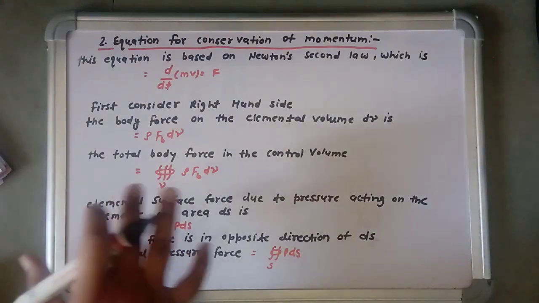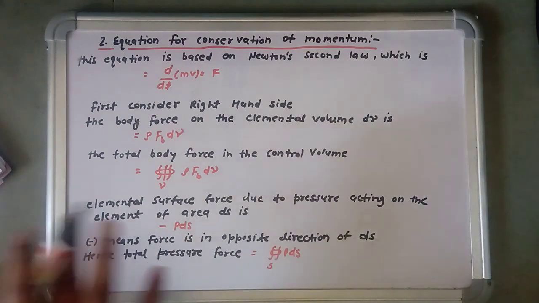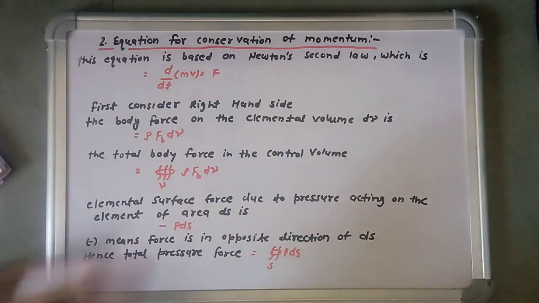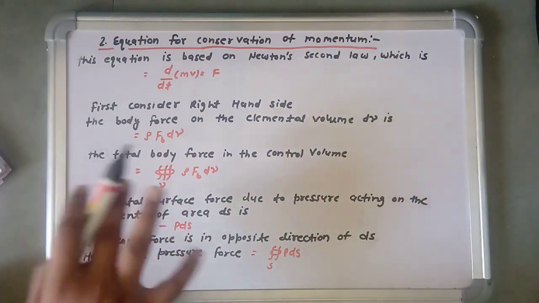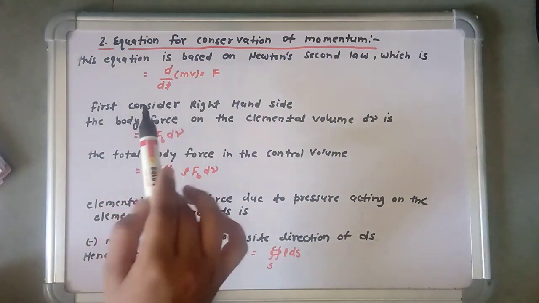Now we will derive the equation for the conservation of momentum. For deriving it, we have to consider the same diagram which we made for the conservation of mass. Assuming that diagram, we will start the derivation.